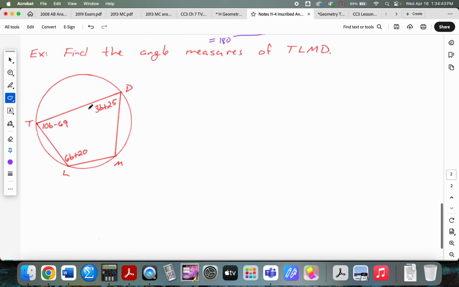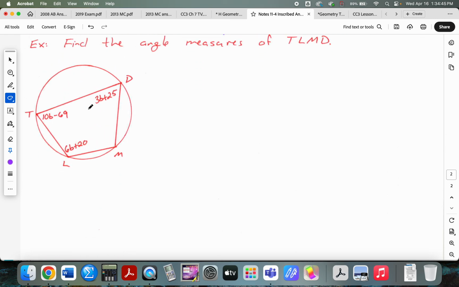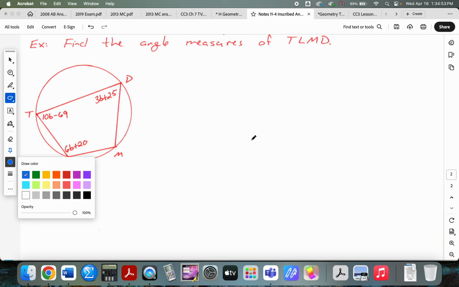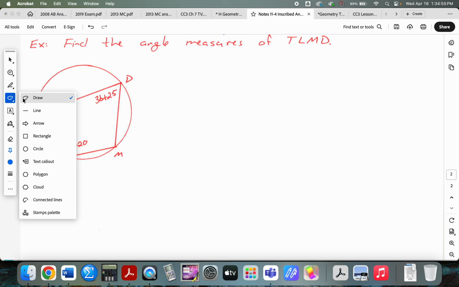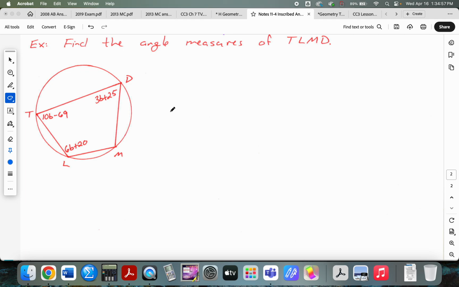So here's an example problem. Find the angle measures of TLMD. So notice they don't tell you anything about angle M. We're still going to be able to find its measure. So I'm going to start with two angles that are opposite one another in the quadrilateral.